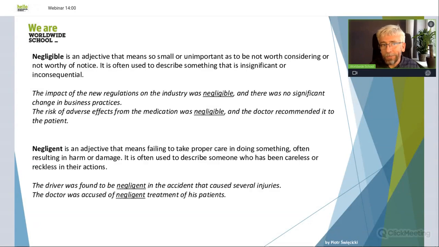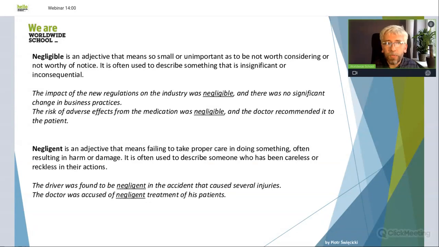While negligent is an adjective that means failing to take proper care, like zaniedbanie, neglect, in doing something. So often resulting in harm or damage. It is often used to describe someone who has been careless or reckless in their situation. The driver was found to be negligent in the accident and caused several injuries.